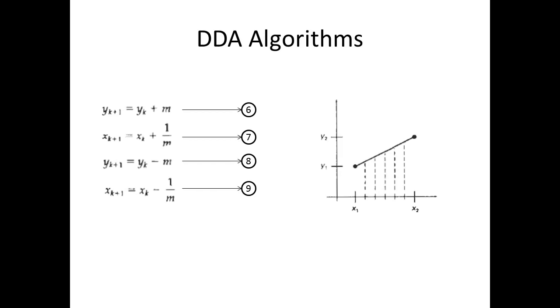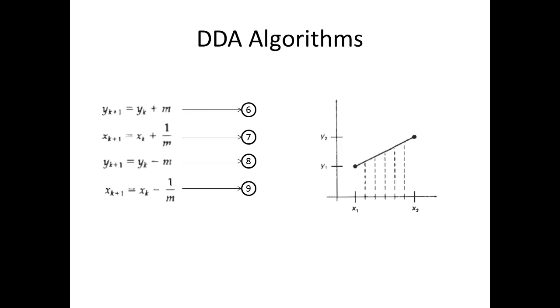The line is sampled at unit intervals in one coordinate, and the corresponding integer values nearest to the line path are determined for the other coordinate. Consider first a line with positive slope, where the slope is less than or equal to 1.